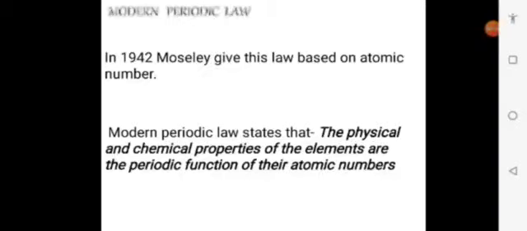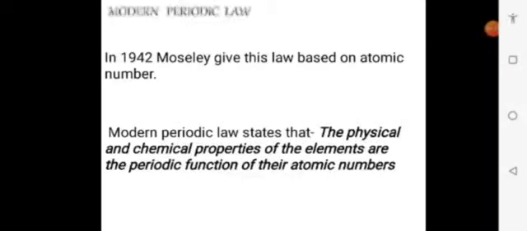The modern periodic law says that if we arrange the elements in increasing order of atomic number, they will show their properties after some interval. It means the chemical and physical properties of elements are a periodic function of their atomic number.